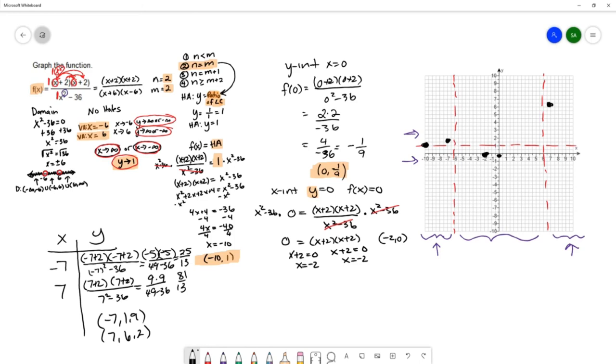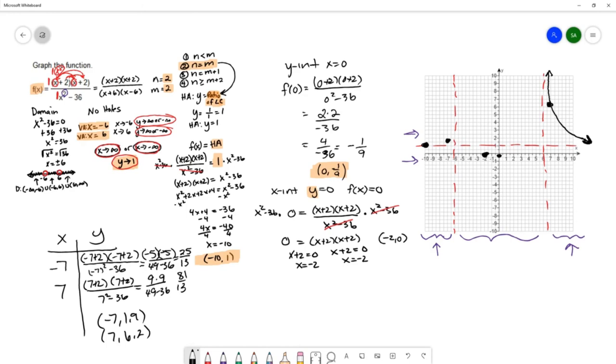I'm going to use those definitions of the asymptotes to help me draw the line. Remember, they act as guides, almost like fences. You want to draw moving towards the fence and also going to infinity. So starting with the rightmost point, that point 7, 6.2, I'm going to approach the vertical asymptote going towards positive infinity, and going towards x going to infinity, my y will approach that horizontal asymptote.